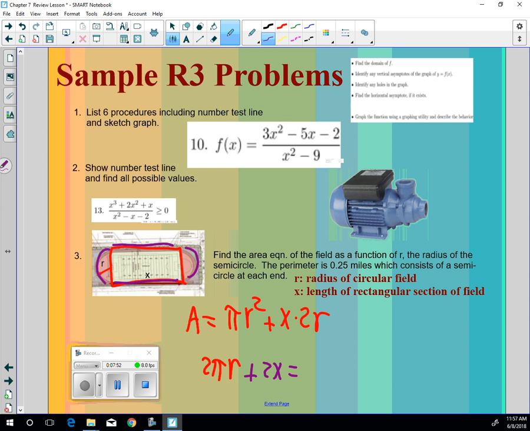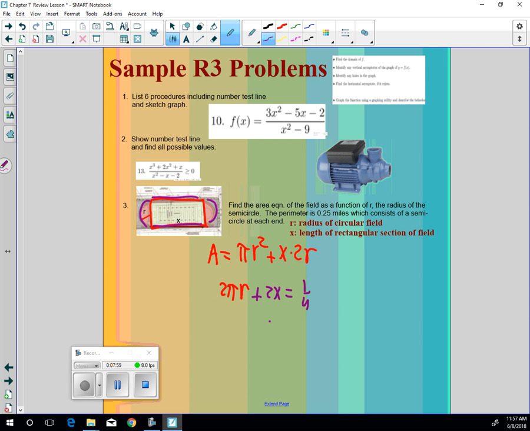And they said that's going to be 1/4 of a mile. So if you want to get this equation and eliminate x, I'm just going to divide everything by 2, and I'll get pi r plus x equals 1/8. And I'm going to take out an r, and get pi plus 1 over 1/8.